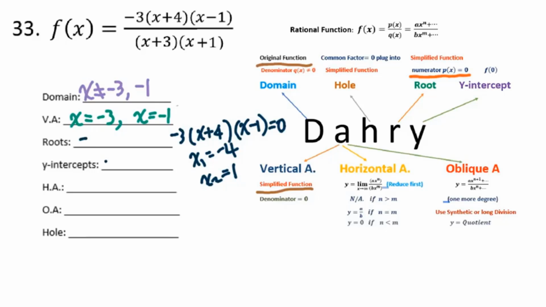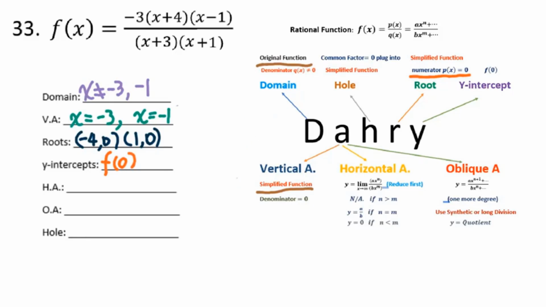Therefore, -4, 0 and 1, 0 will be the roots. Y-intercept, just f of 0.